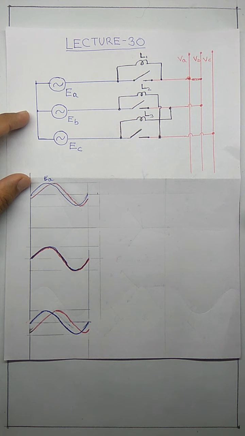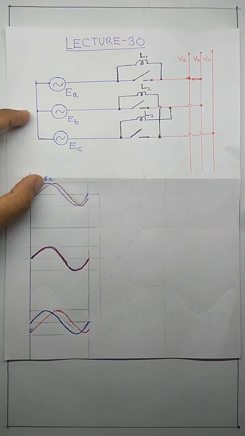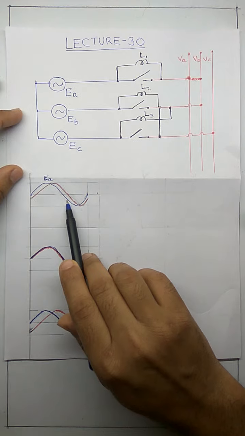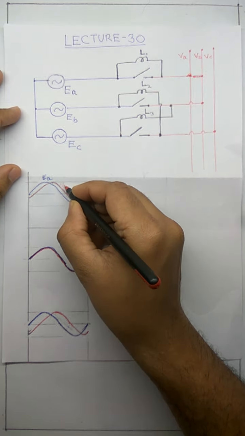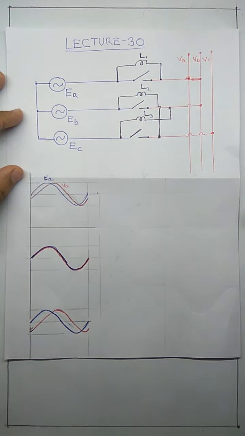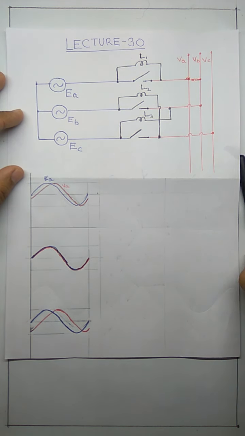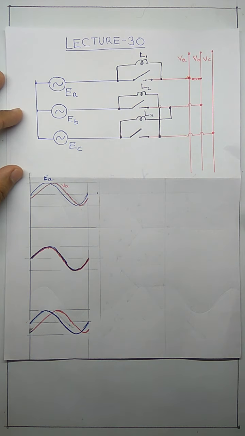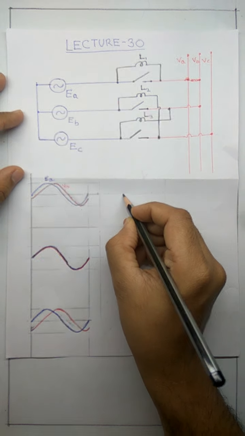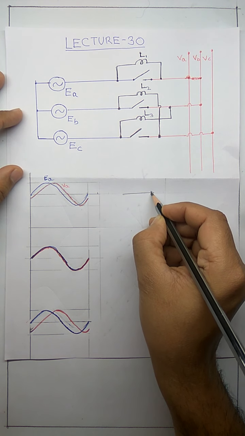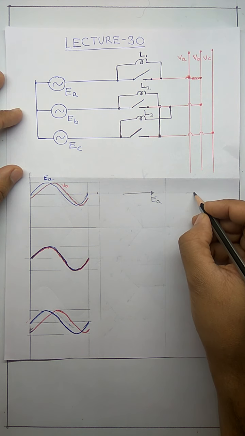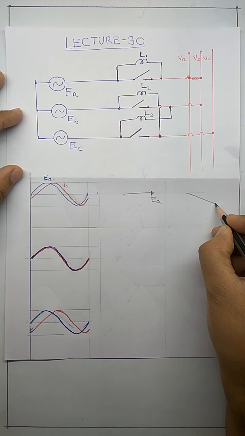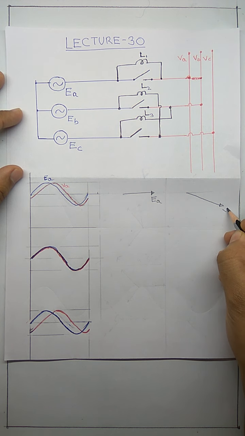Now at some instant of time, let's say that this is my generator voltage by the blue line and the red line is showing me the grid voltage VA. Here the grid voltage is lagging the generator voltage by some angle. How to represent it in a phasor diagram? If this is my voltage of the machine, then the voltage of the grid will lag this one by some angle, that is, this is VA.